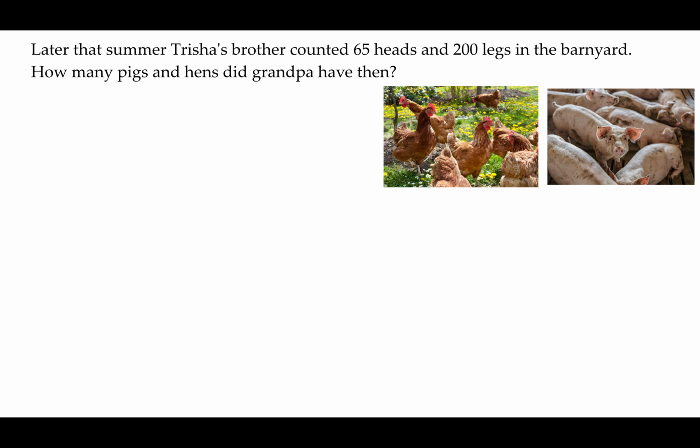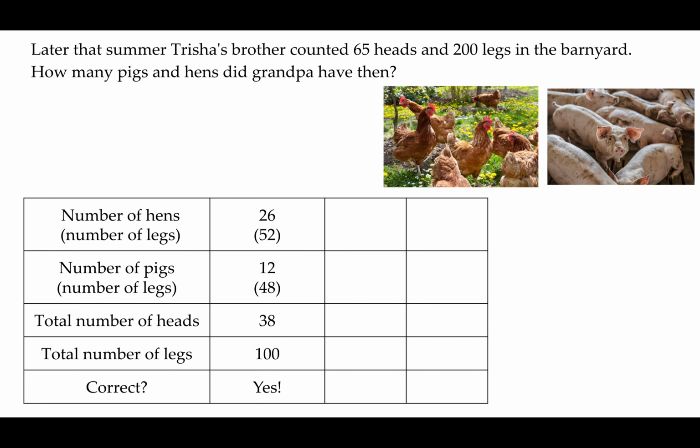I took the last row of my table and put in my amount for 100 legs. I'm going to use this same method for figuring out my new problem. I need 65 heads. Here I have 26 hens. Let's make it 30. If I double the number of 30, it'll give me the legs. So that's 60.